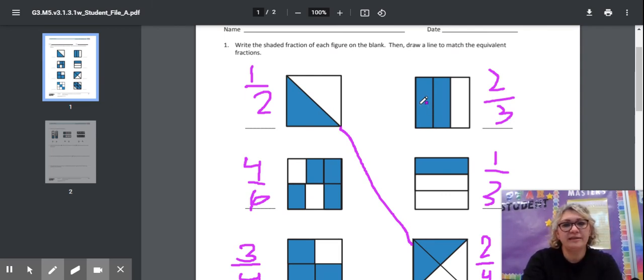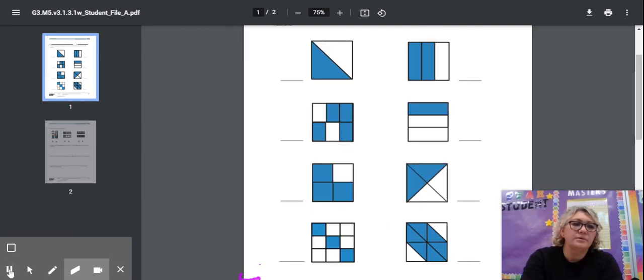So if I were to draw a line like this and turn that into 6, it looks exactly the same as 4/6. So I can conclude that 4/6 is equal to 2/3. Now I need to erase so that I can match up some other equivalents.